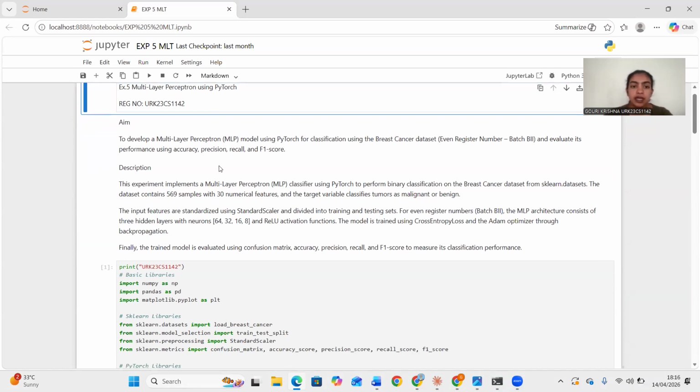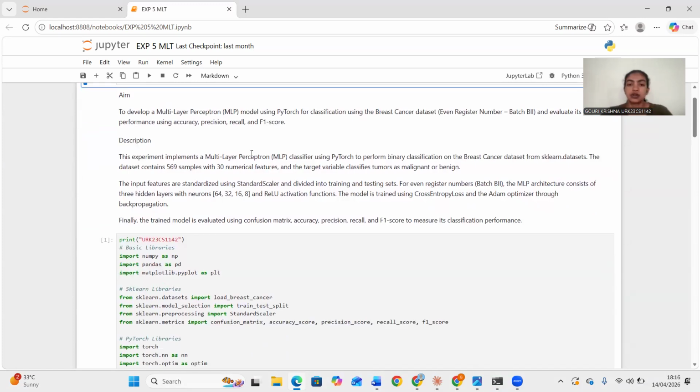The aim was to develop a multi-layer perceptron model using PyTorch for classification using the breast cancer dataset, and evaluate the performance using accuracy, precision, recall, and F1 score.